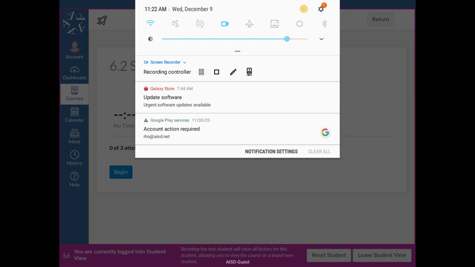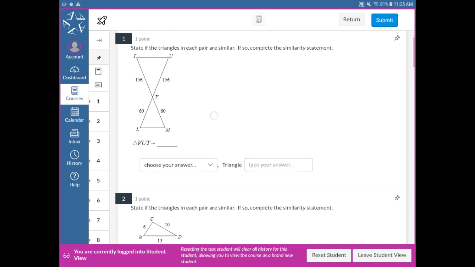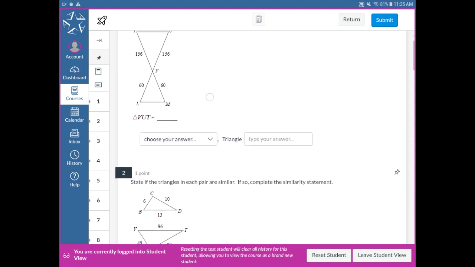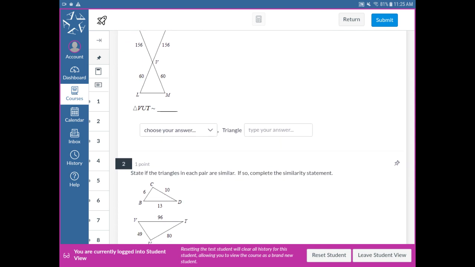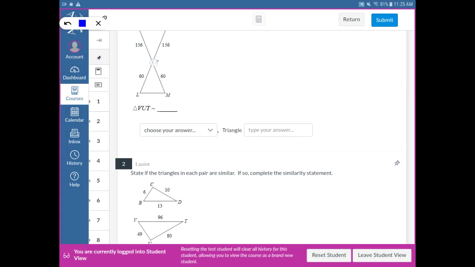Let's just do 8. So 8 goes on top, 11 goes on bottom. So 11x equals 55 times 8, 440. Divided by 11, x equals 40.